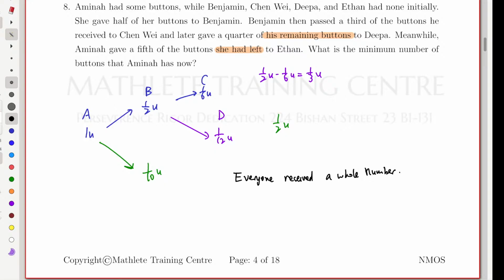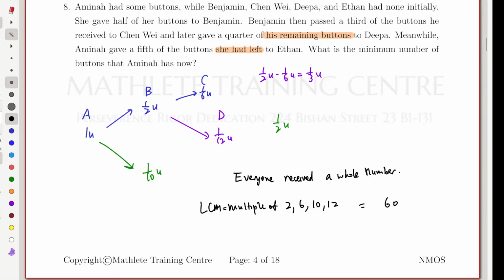So if it is a whole number, then what you can see is that it must be a multiple of 2, 6, 10, and 12. In that case, what is the smallest multiple of 2, 6, 10, and 12? Well, we can see that that will be equal to 60. This is the smallest multiple, also called the lowest common multiple.